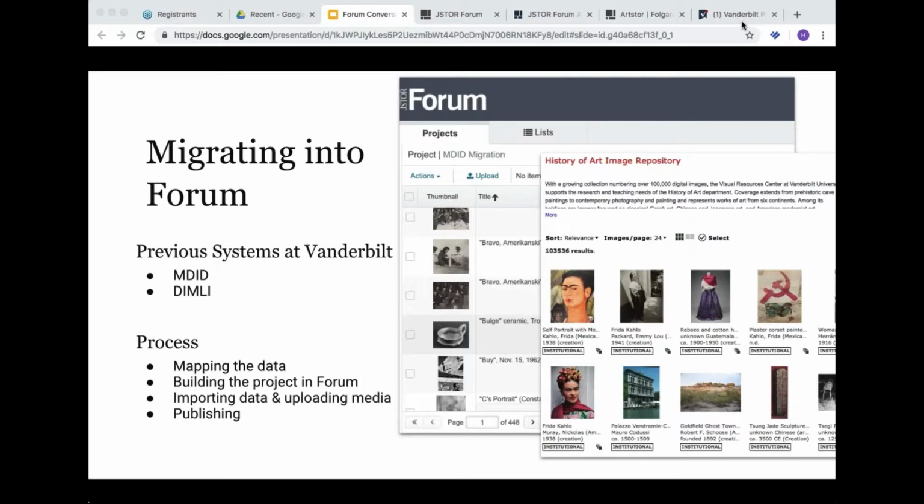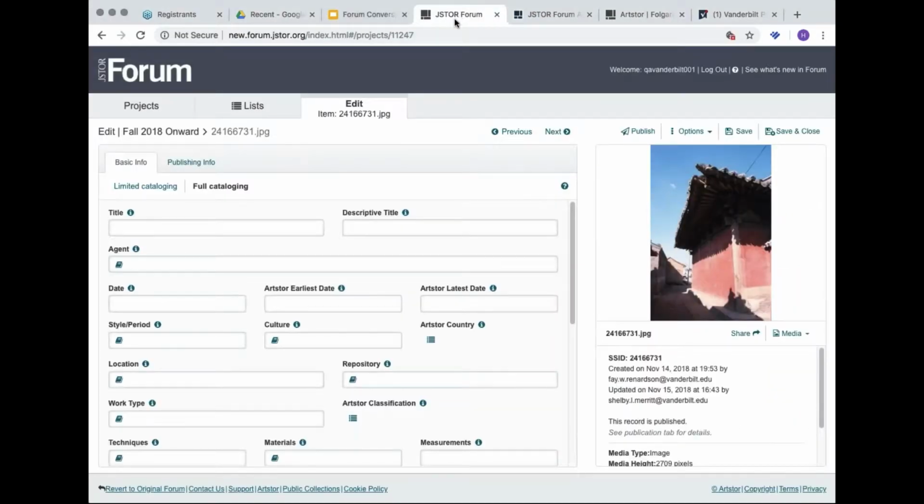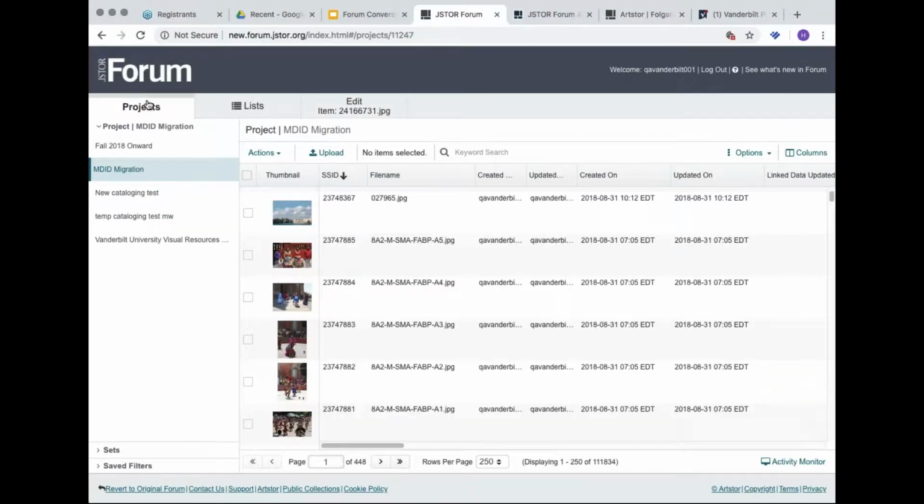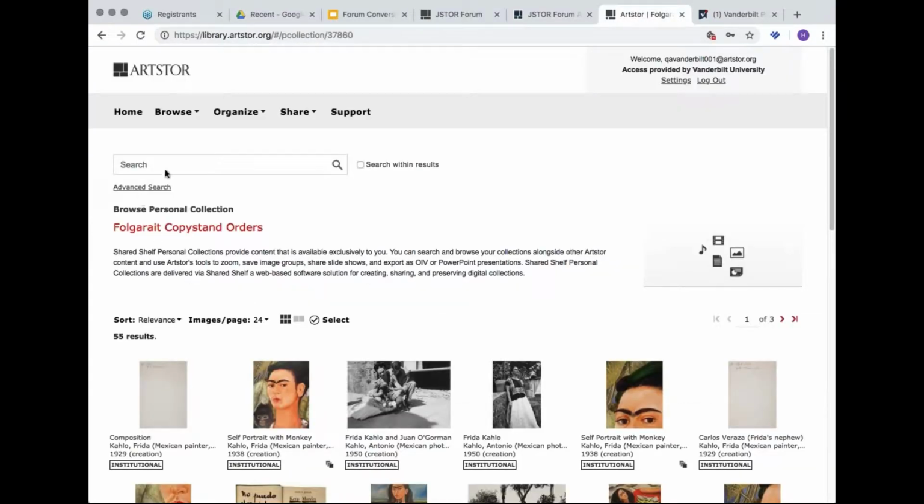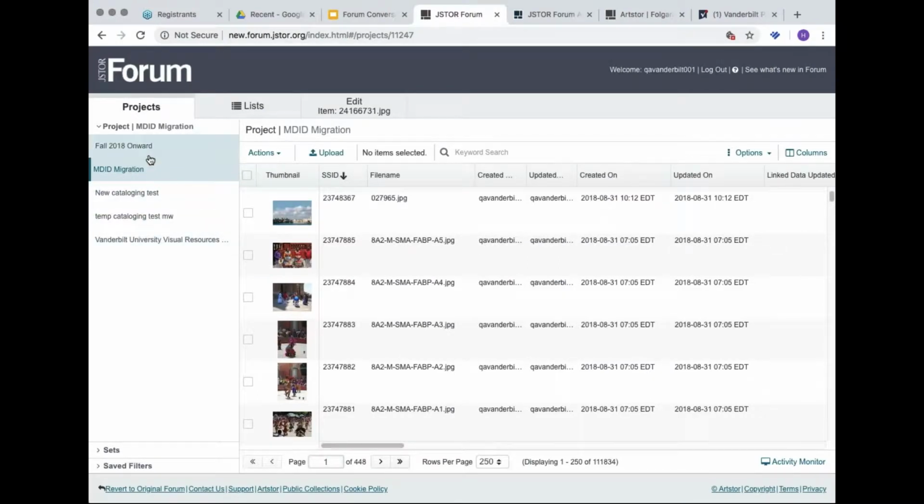Yeah, that makes a lot of sense. In Forum, you can have multiple projects that publish into the same target in the Artstor environment, and the ability to compartmentalize the migrated data versus the data that's being newly created is also a really good exercise in looking back and forth between each of those and keeping the needs of each data set in mind.